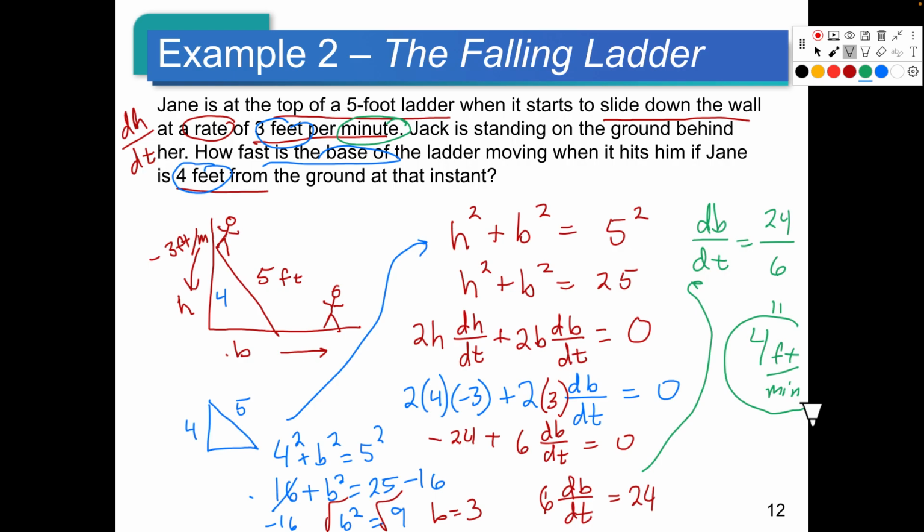Okay. So see that, again, I would say probably the hardest part is seeing that, well, I got a triangle, Pythagorean theorem, that's it. Take its derivative, and then make sure you have all the pieces. Again, the question itself gives us some things. It gave us the 3 feet per minute. We had to know that was going down. Again, it worked okay. I just did it as positive 3, and I got to the end and I got a negative.